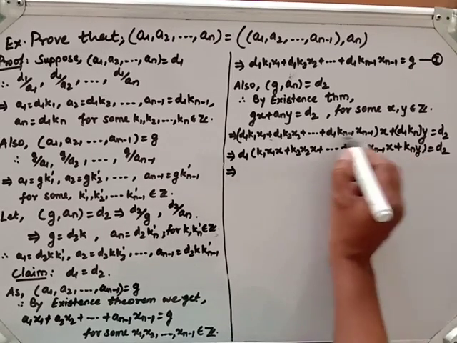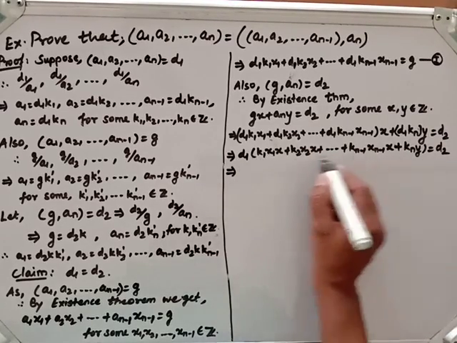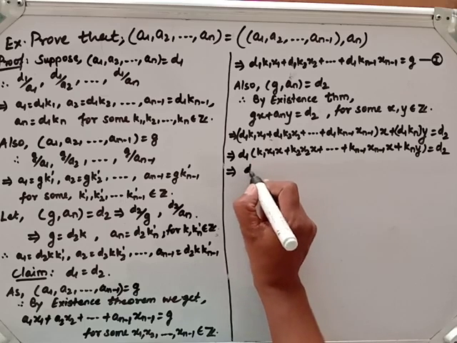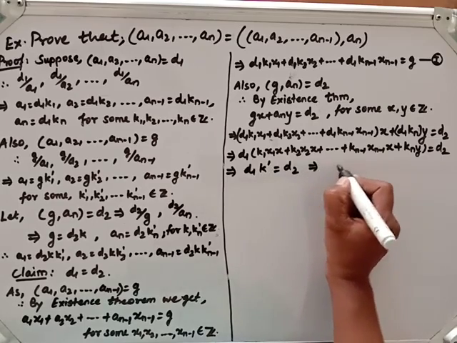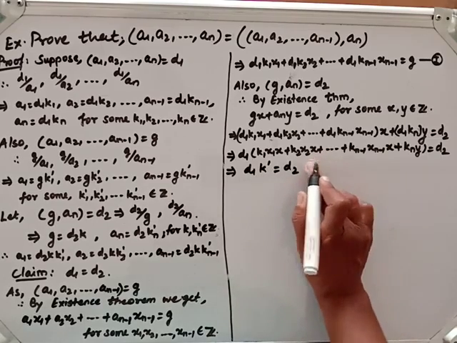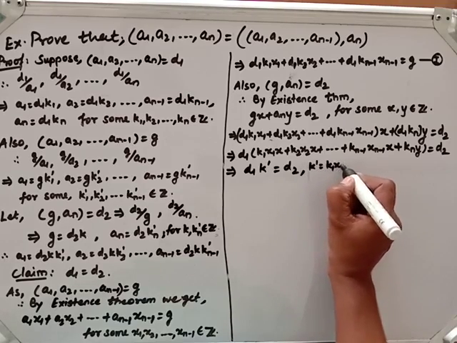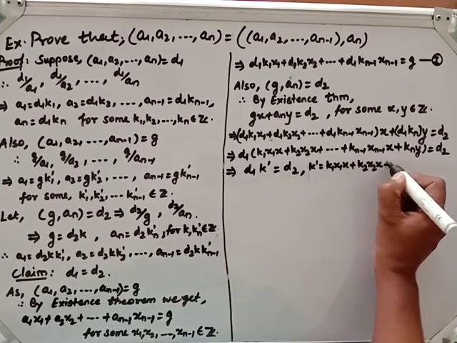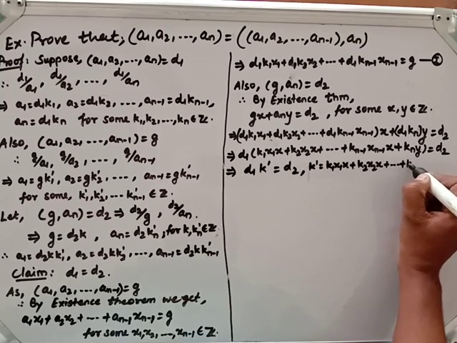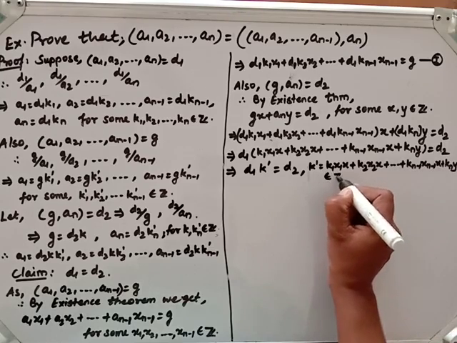So d2 is some multiple of d1. All these are integers, so this is also an integer. So I may write d1 k dash is equal to d2, where k dash is equal to k1 x1 x plus k2 x2 x plus so on up to kn-1 xn-1 x plus kn y, and that is an integer.